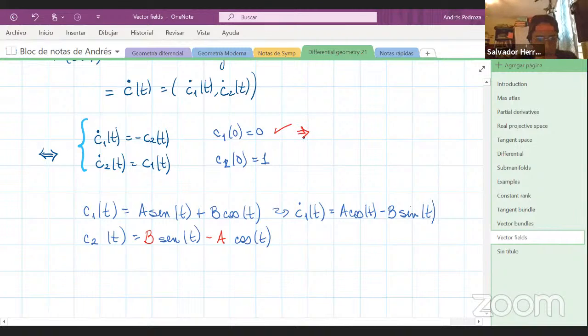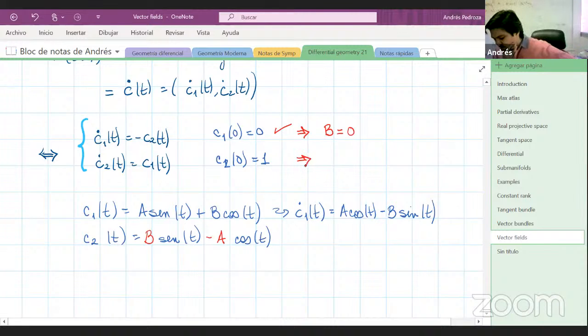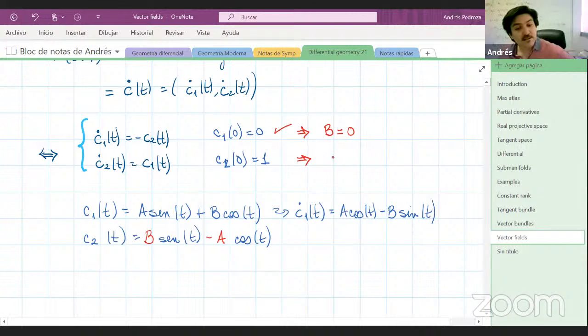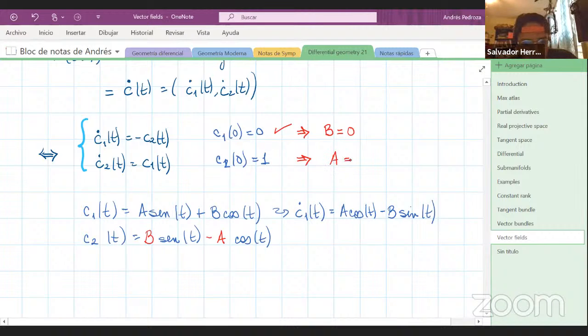B is 0. And from the second one, that a is minus 1.